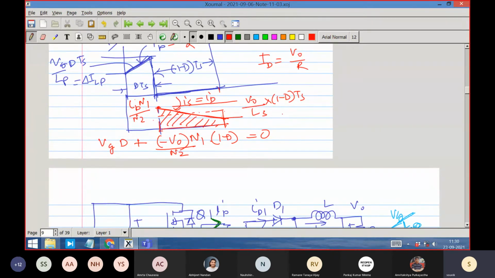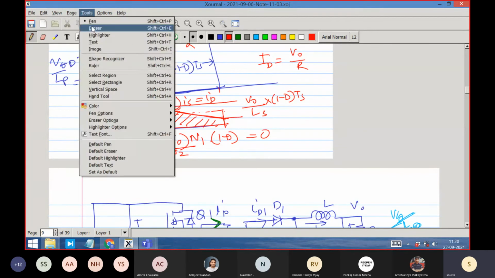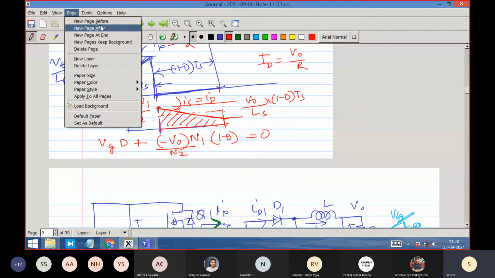So you see now that if I do that, it is happening what? Let me write it. Vg into d into V naught into N1 by N2 into 1 minus V is equal to 0.